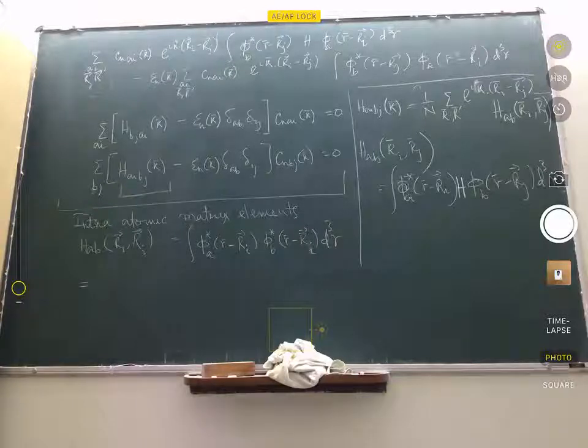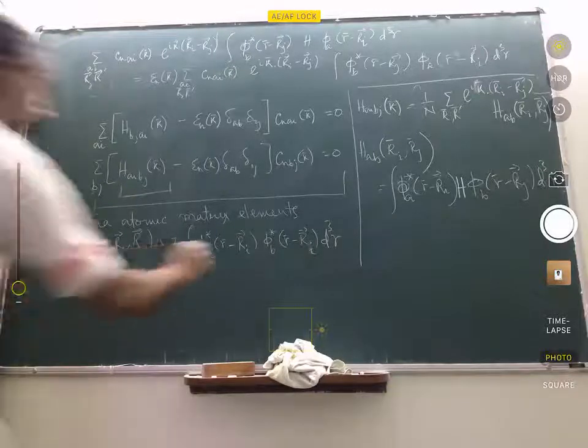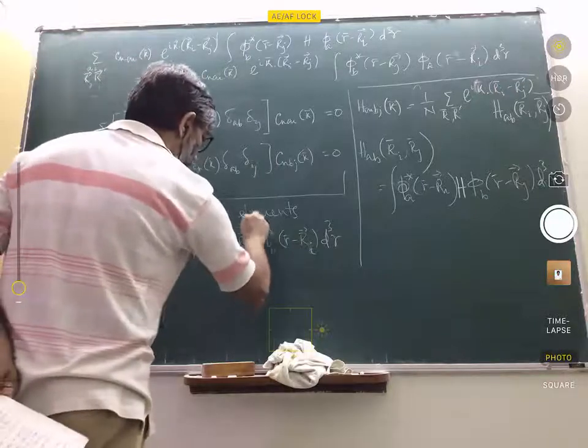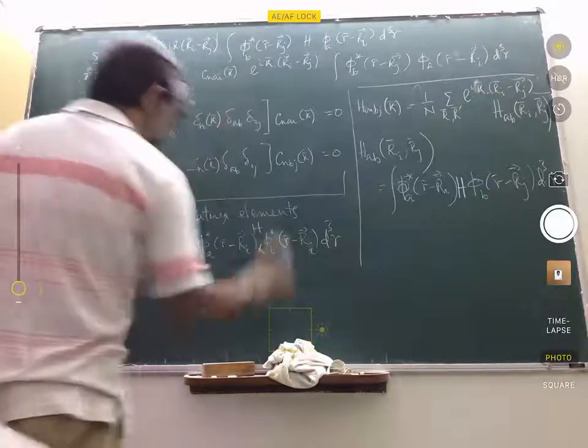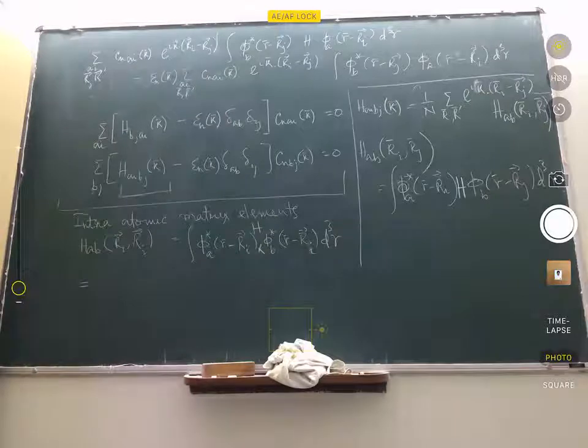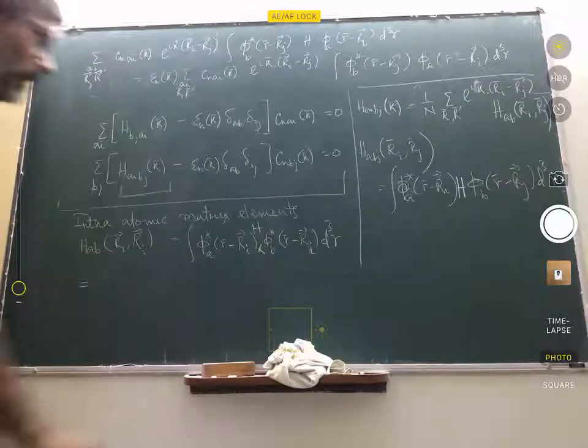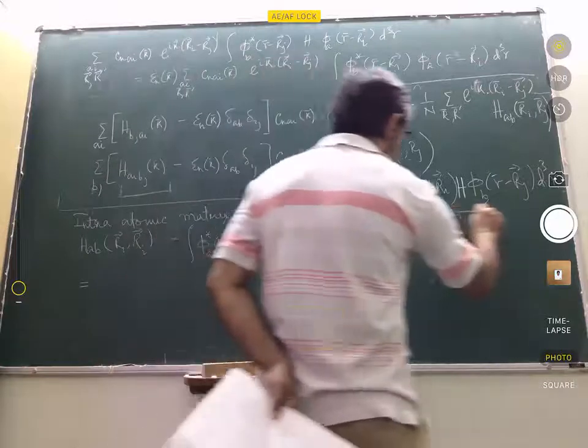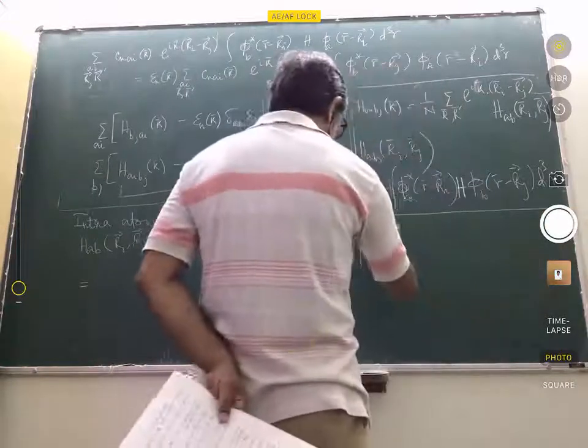So I could have A equal to B. I'm missing the H once again, so there is an H here. I could have A equal to B or A not equal to B. And let me write the Hamiltonian once again.